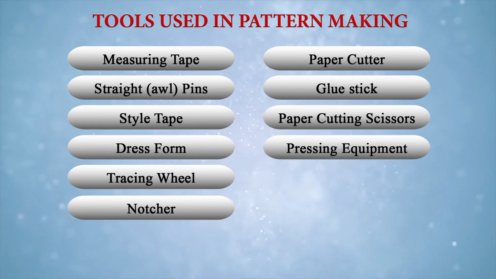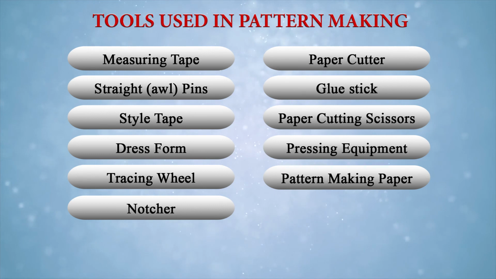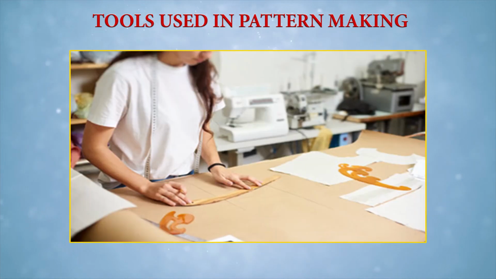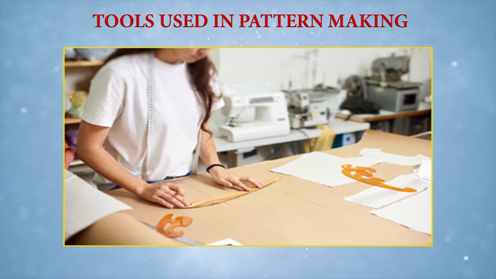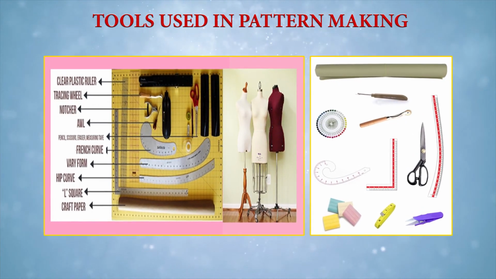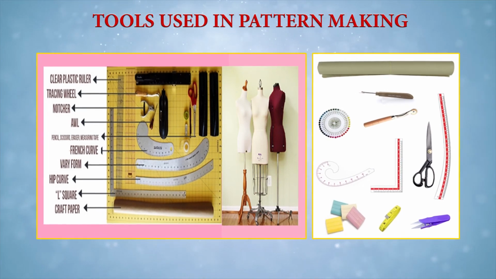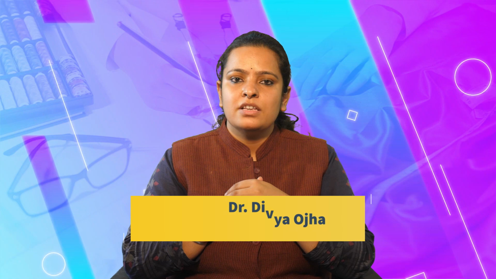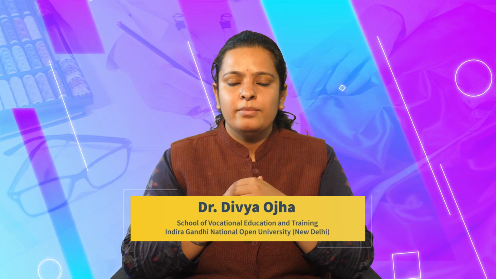We have pressing equipment, pattern making papers, carbon and muslin. So these are some of the important tools used for pattern making or when we are going for garment construction.